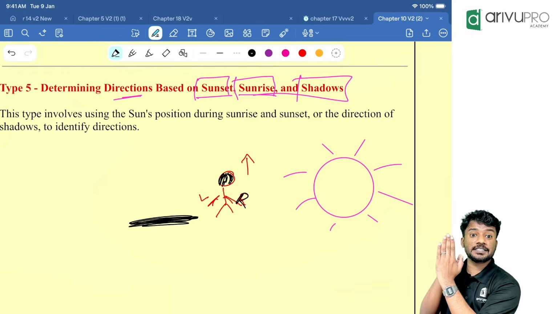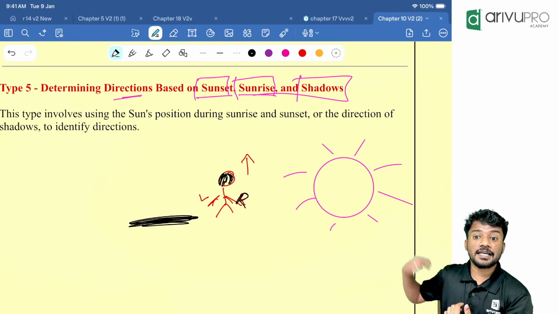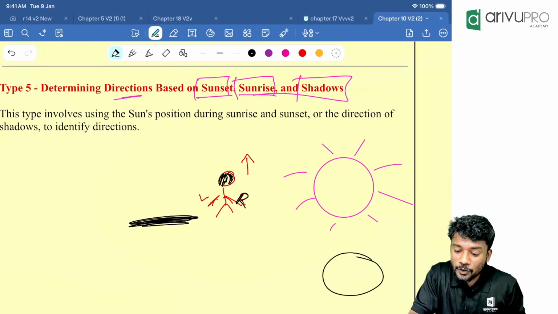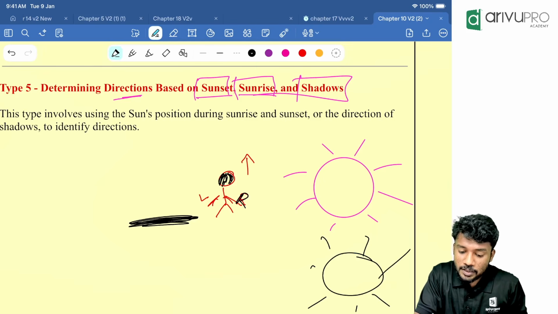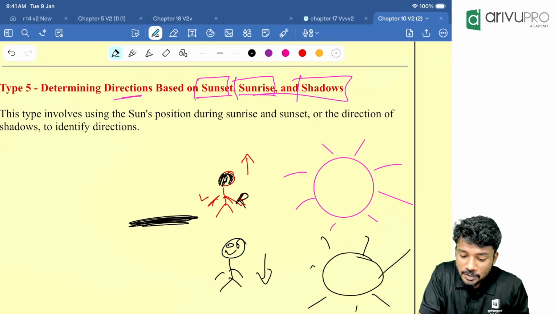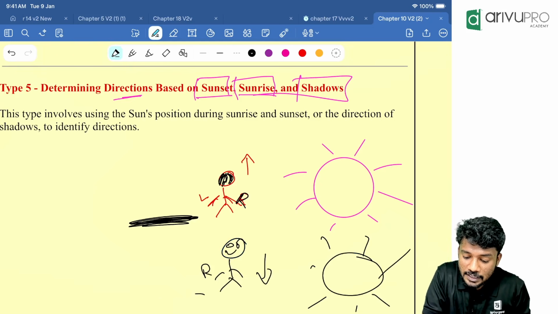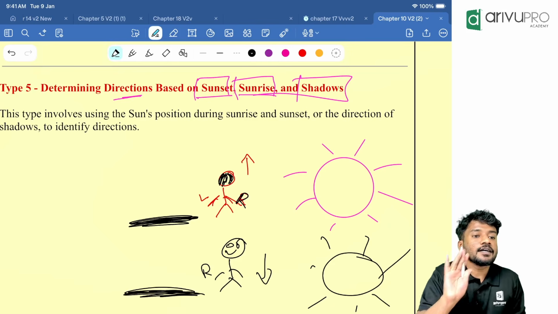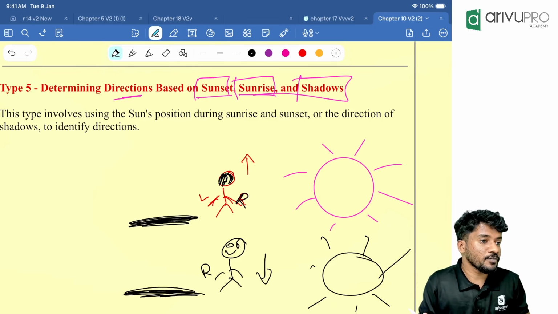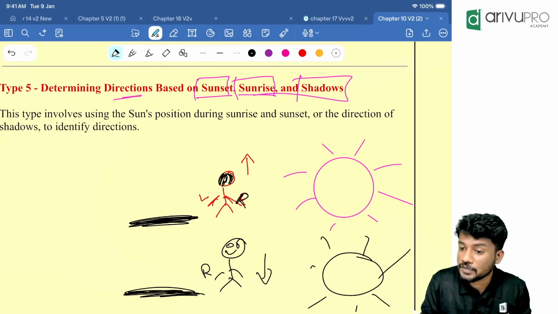She is looking towards the south direction. Her right hand side will be the shadow. That means a person looking towards south will have the shadow towards their right hand side. Remember this, very, very important. If you know this basic thing, you can solve the question within 5-6 seconds.